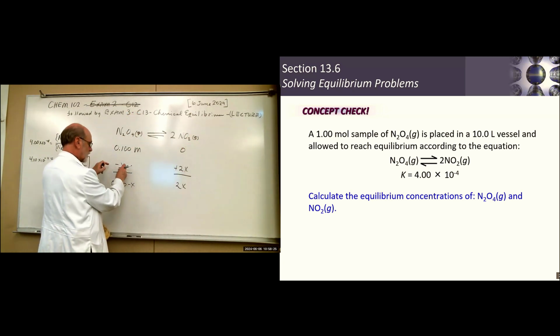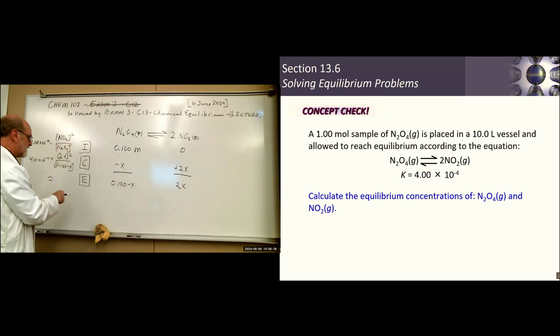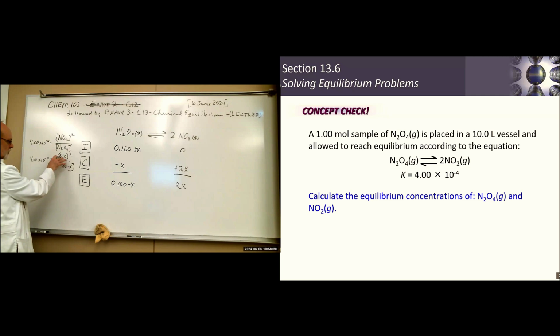That means we're not going to lose a lot of that. So I'm going to square this: 4x squared over 0.100, dropping that x out. So 0.1 times this, 10 to the minus 1 times 4 times 10 to the minus 4 would be 4 times 10 to the minus 5, correct? Multiply this by a tenth.